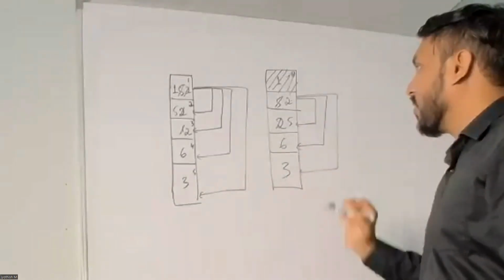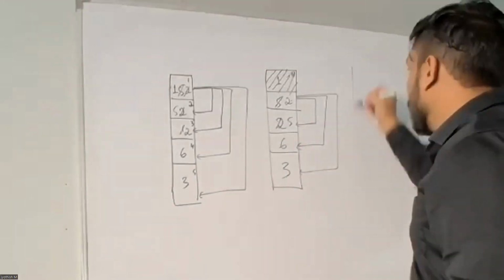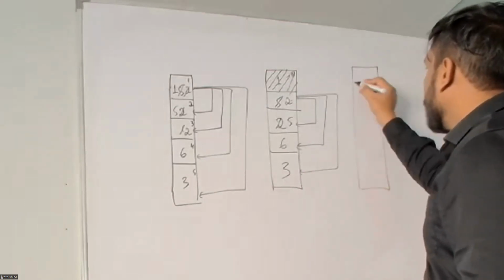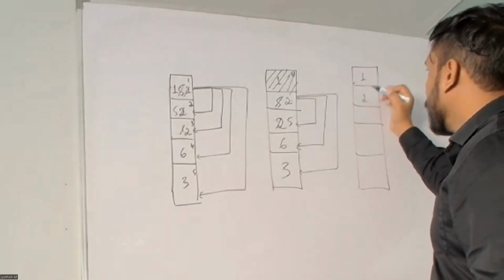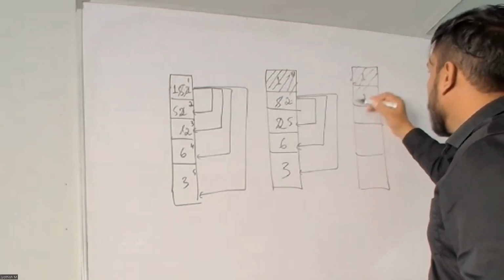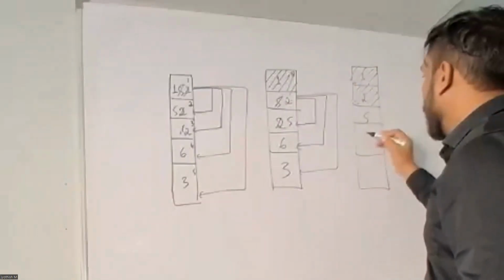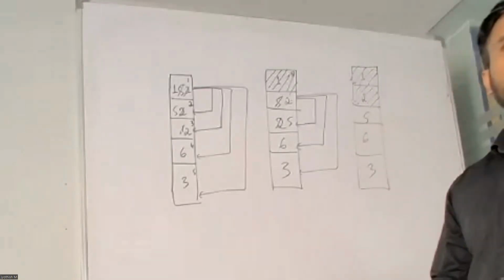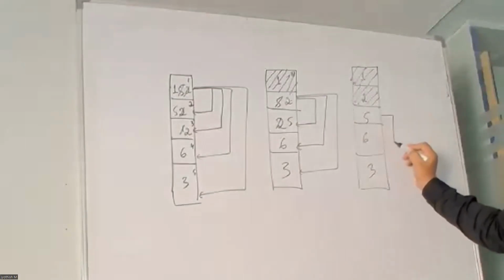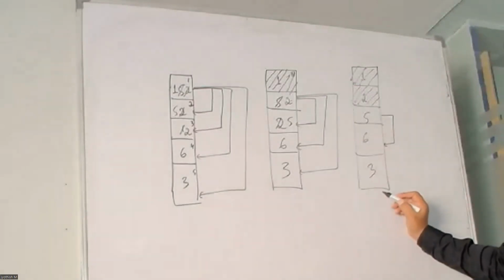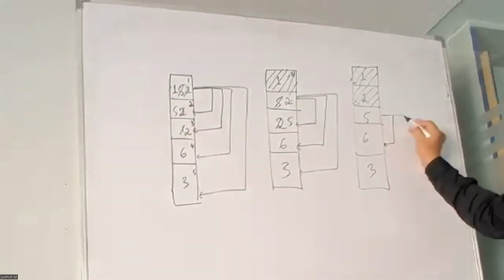Compare with 3, do we need to swap? Now we'll have an array like 1, 2, 5, 6, 3. Next element. Take 5, compare with 6. Do we need to swap? No. Take 5, compare with 3.